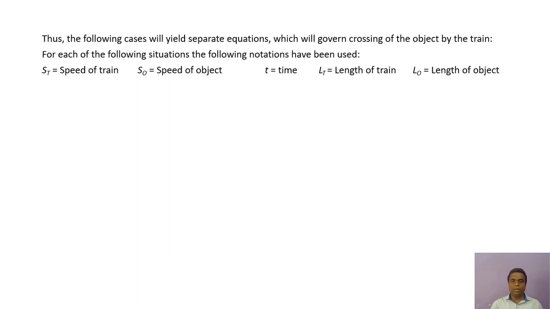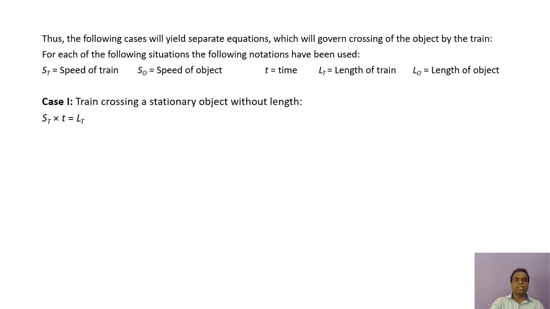Now we will see some cases, when a train passes through a stationary object or a moving object, what will be the speed and what will be the length of object and train. Suppose a train is passing through a stationary object without length. A stationary object without length can be a pole, whose width is negligible compared with the length of train.